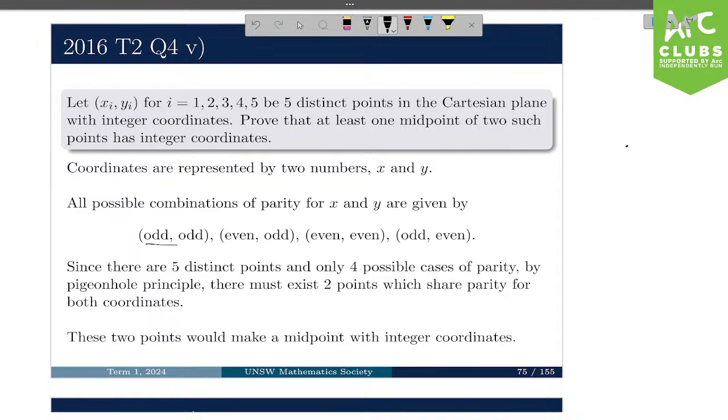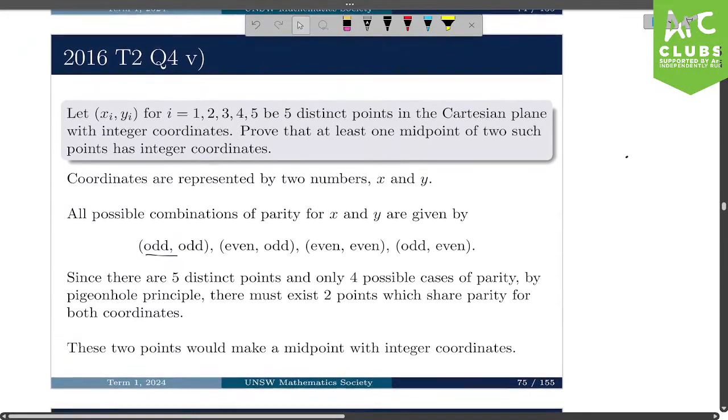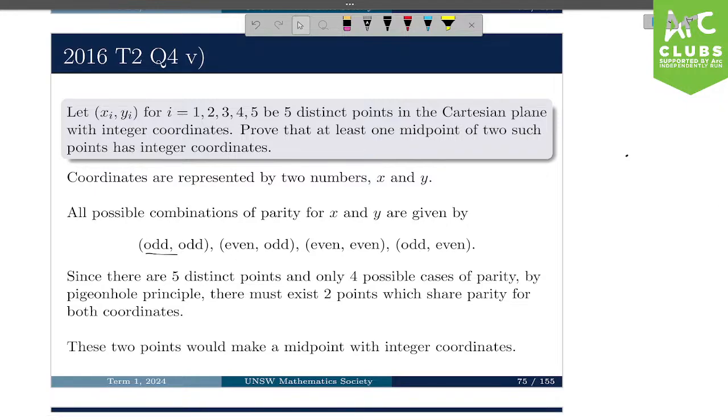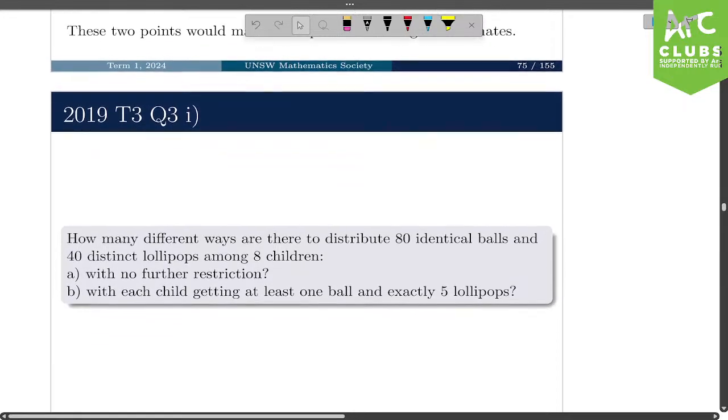So by pigeonhole principle, 2 of those points will have the same parity on the integers. Since they have the same parity, we conclude that their midpoint will have integer coordinates as well. Are there any questions with this? All right, so that's just a little pigeonhole principle.